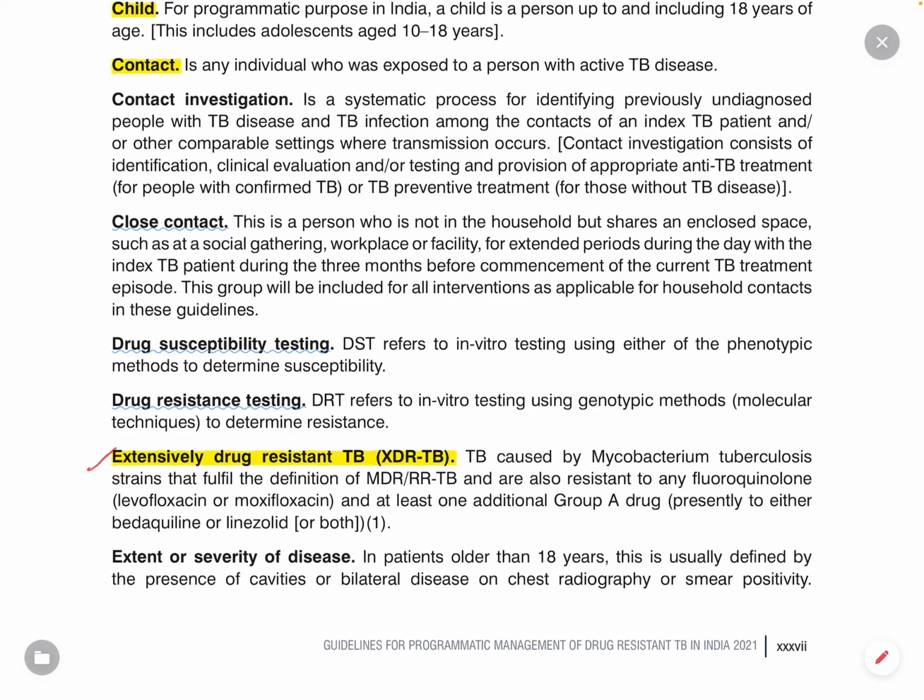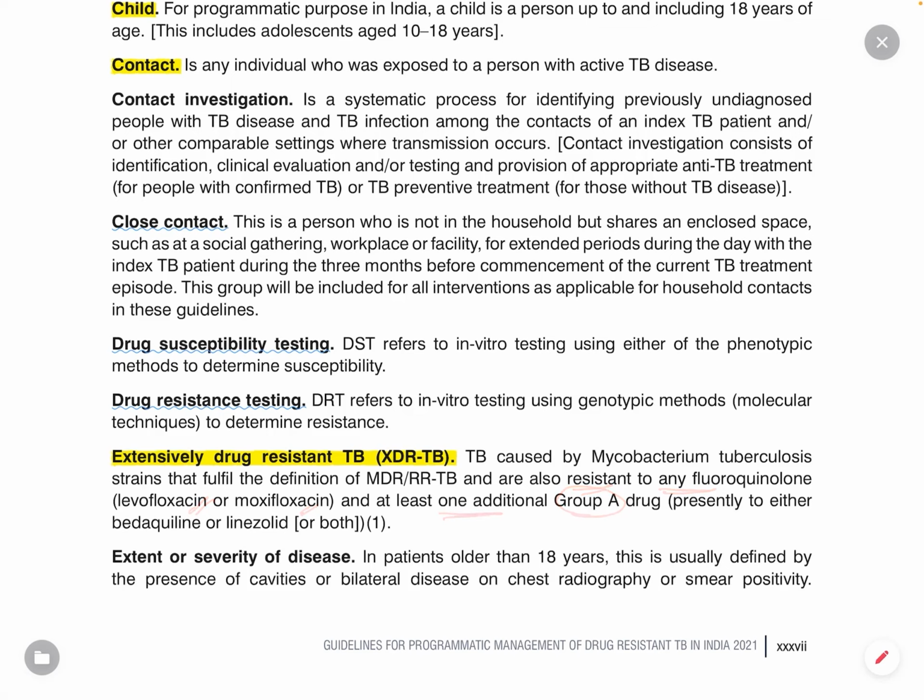The current definition of XDR TB is TB caused by Mycobacterium tuberculosis which fulfills the definition of MDR TB, that is, it is resistant to isoniazid and rifampicin, and also resistant to any fluoroquinolone. Okay, any fluoroquinolone. Currently we are using moxi and levofloxacin for fluoroquinolones, and at least one additional drug from group A. Okay, so here second line injectable used to be there.